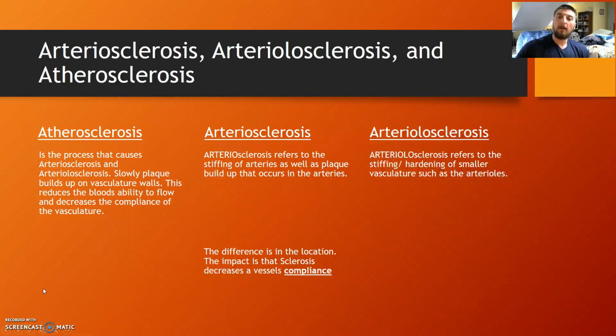And then the impact of the sclerosis, which is really important in an exercise setting, is that it decreases a vessel's compliance. So its ability to stretch and to dilate and constrict when blood is forced through the vessel.